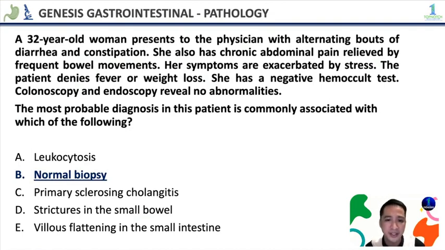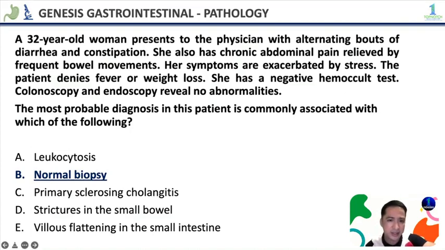A common patient will present with diarrhea, followed by constipation, chronic abdominal pain, and the pain is relieved upon defecation. And sometimes the stress affects the onset of the presentation. For example, emotional stress can affect the presentation of irritable bowel syndrome.